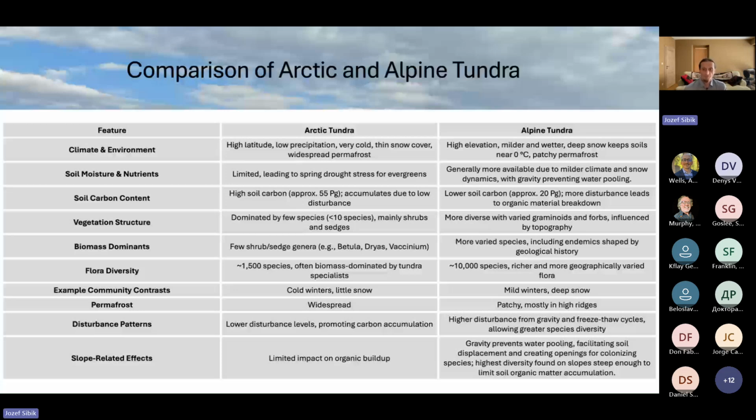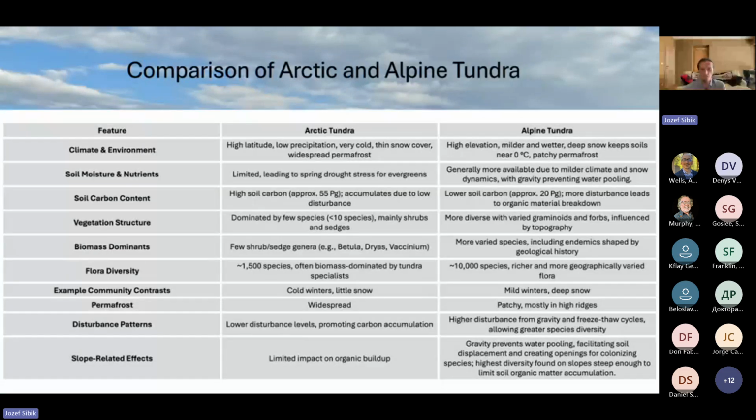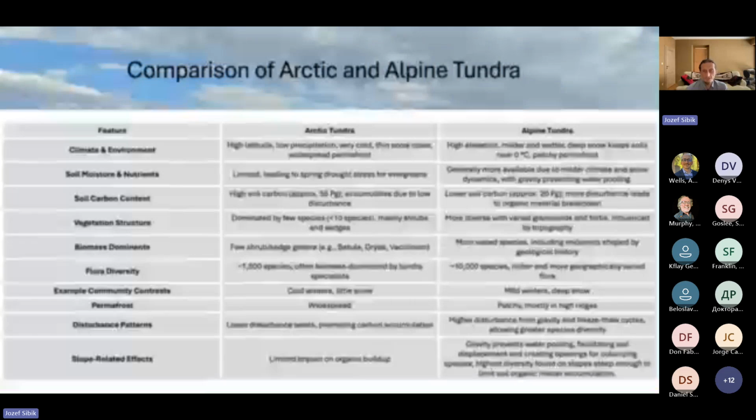There are differences between day and night during summer in the Alpine, while in the Arctic tundra the conditions during summer are more homogeneous. So here is a list of some features that are different in both environments, but finally we can see that many communities are repeating.